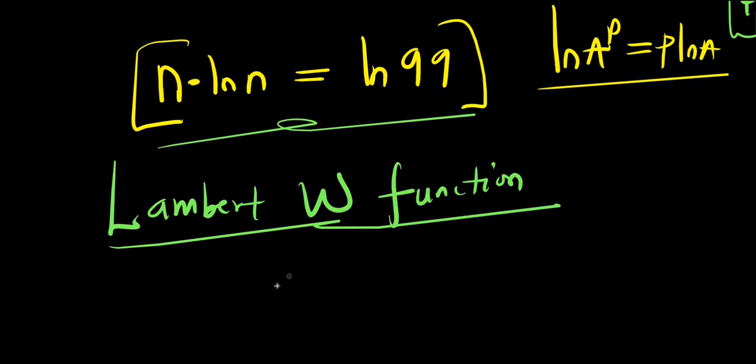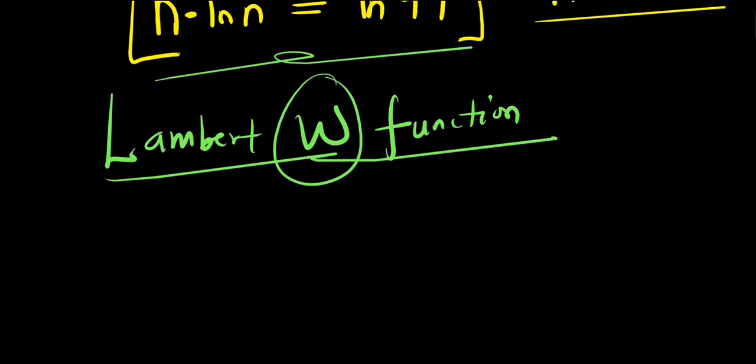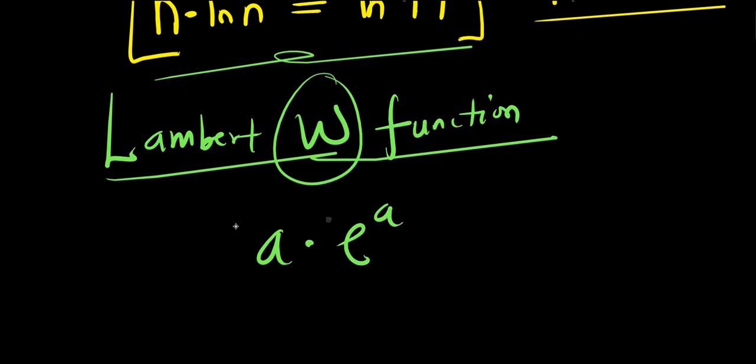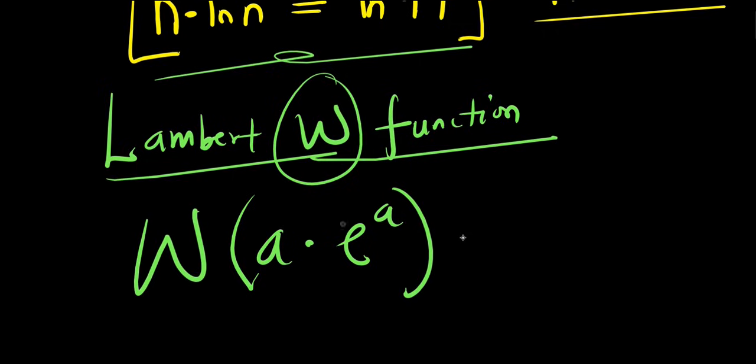It is represented with capital letter W, and you can use the function when you have an expression such as a times e to the power of a. When you have something like this, you apply the function, and you have the result of a.